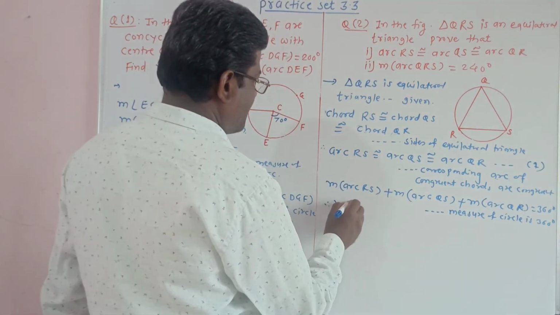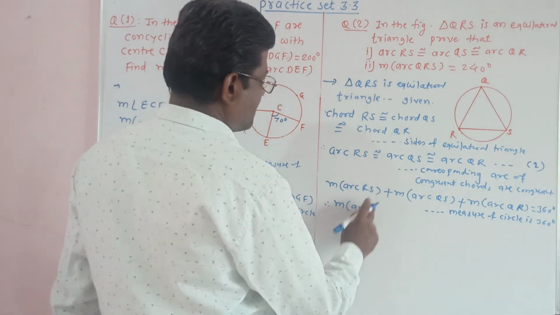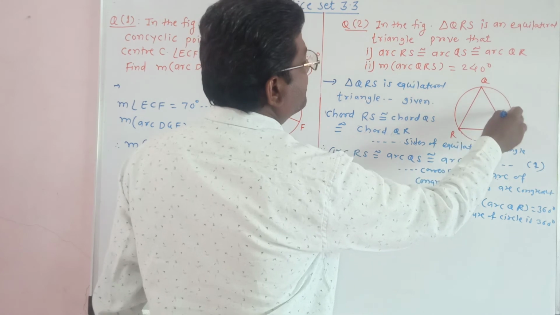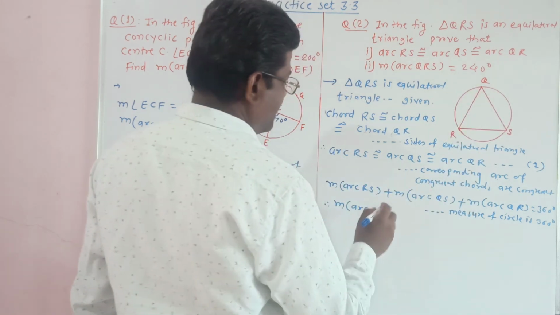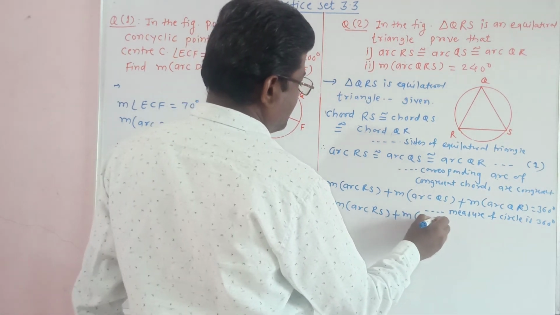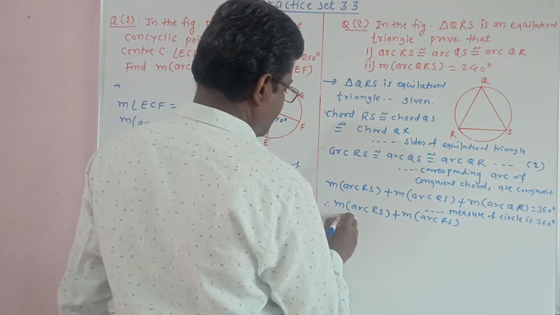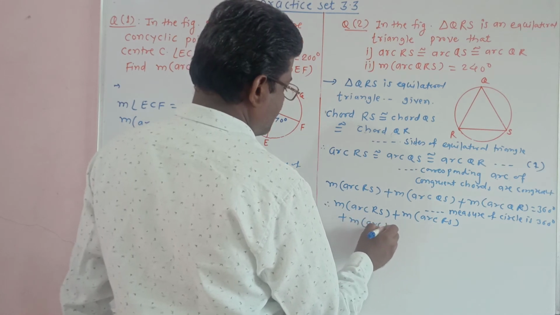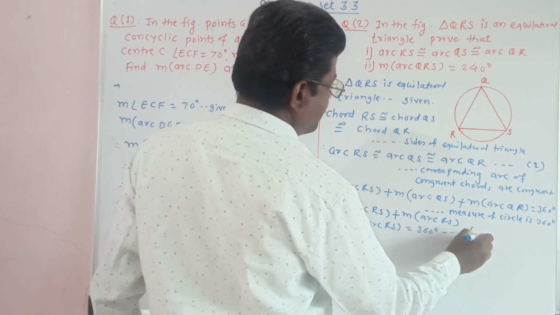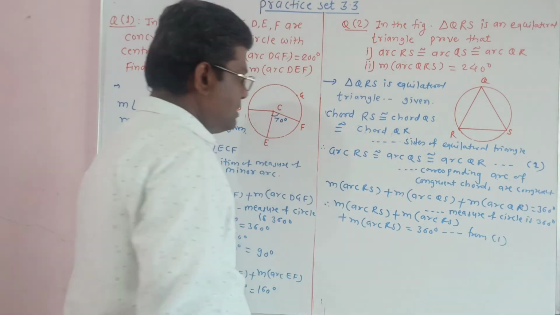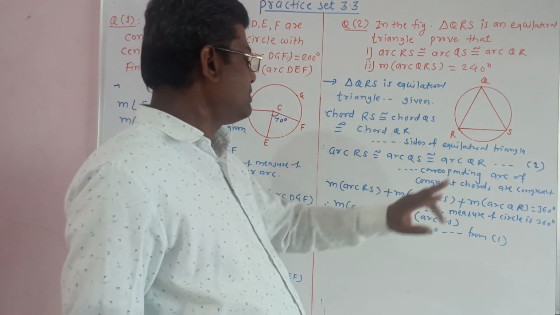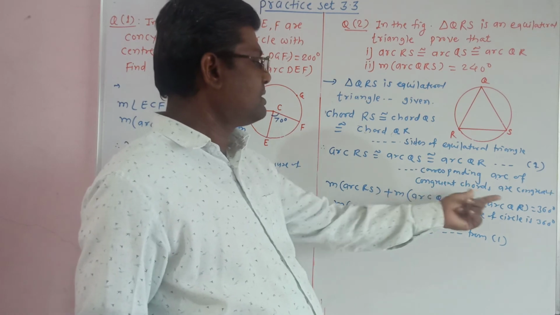Therefore, we have to find measure of arc QRS. So measure of arc RS plus measure of arc RS plus measure of arc RS is equal to 360 degree. This is from equation 1, because RS is equal to QS is equal to QR.